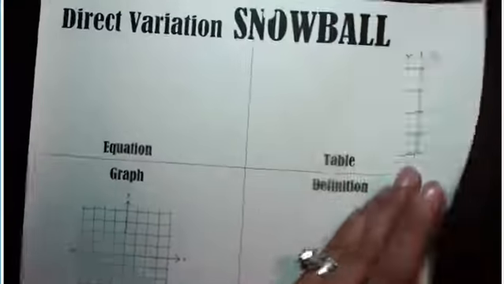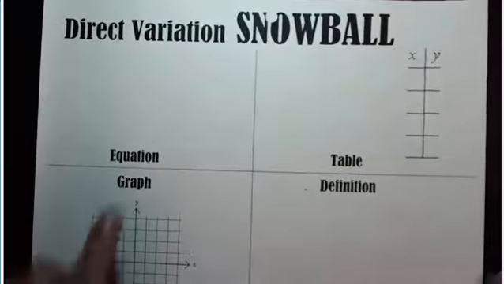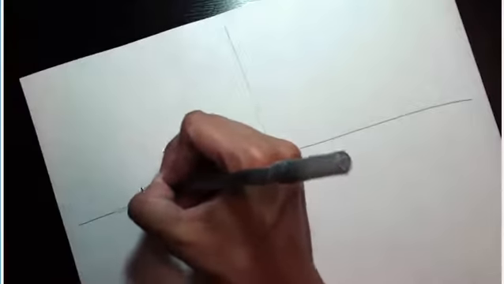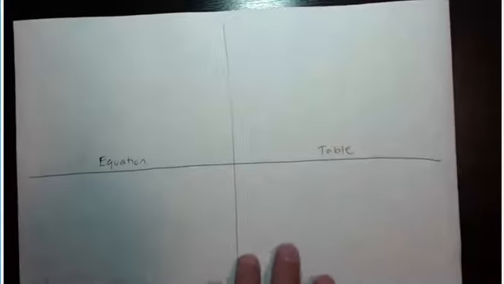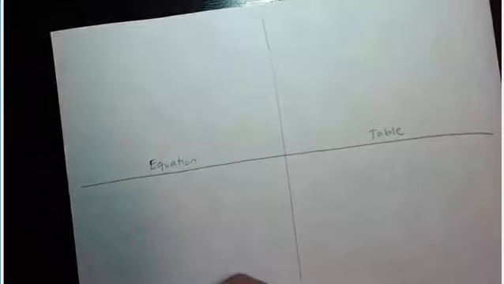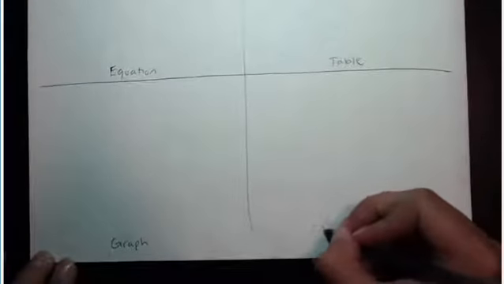I want you to, on the back, draw an X, or draw your four corners. I want you to recopy, so equation and table go at the top, so we'll put equation and table, and we'll say graph and definition.